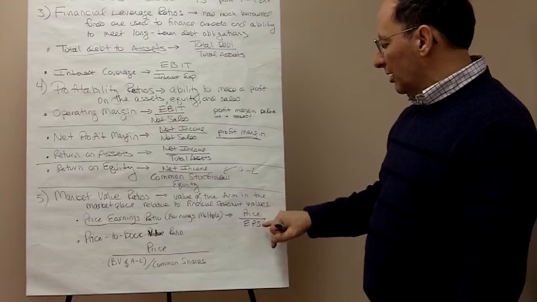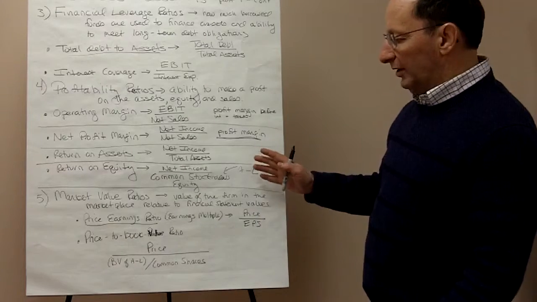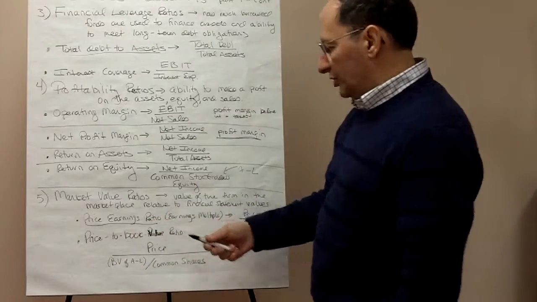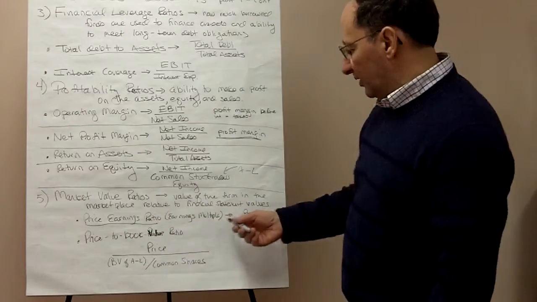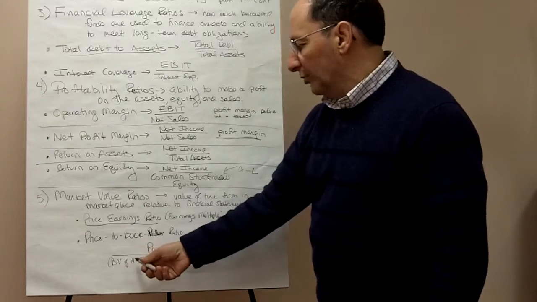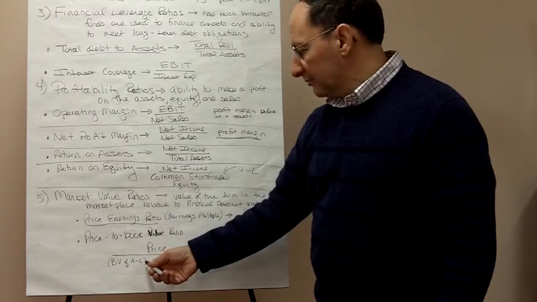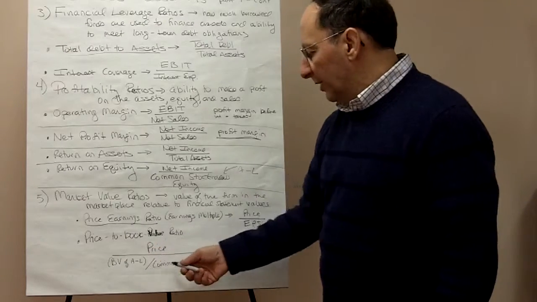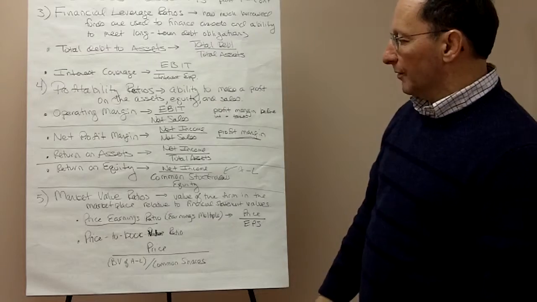Price per share over earnings per share. Simple calculation, but very highly used. Then the price to book value ratio. This is the price of one share, divided by the book value of your net assets, assets minus liabilities, divided by your common shares outstanding.